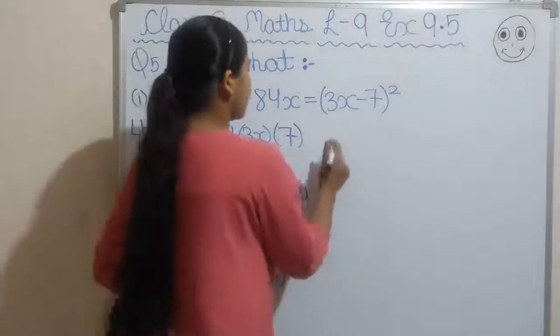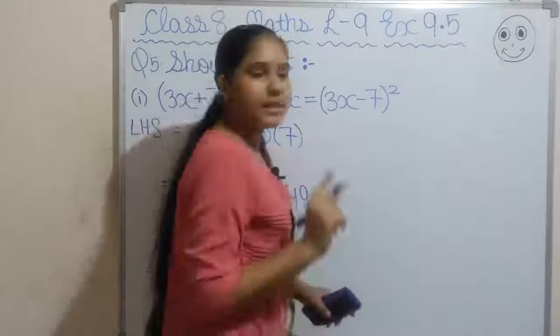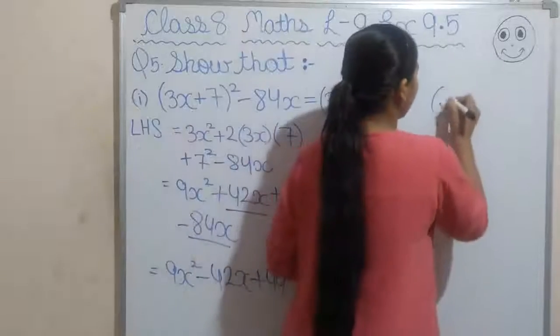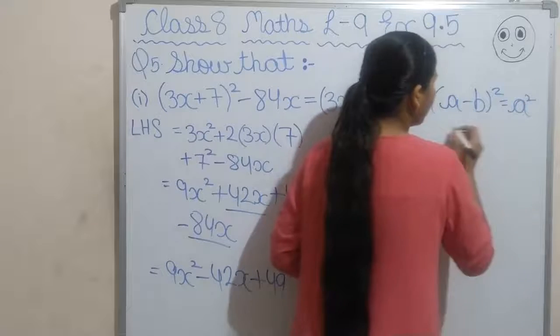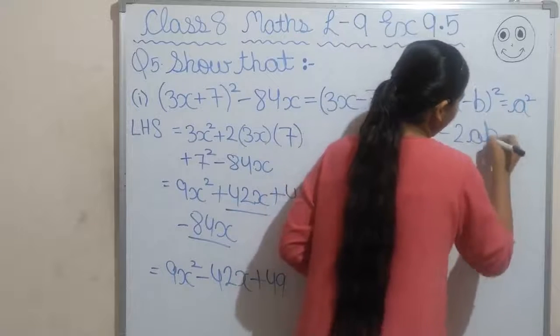So this is the RHS, (3x - 7) square. Which property is going to be used here? The second property: (a - b) square is equal to a square minus 2ab plus b square.